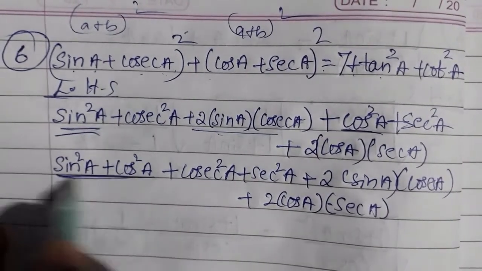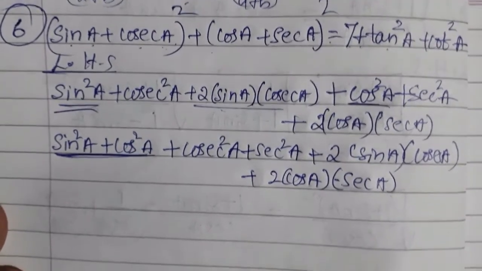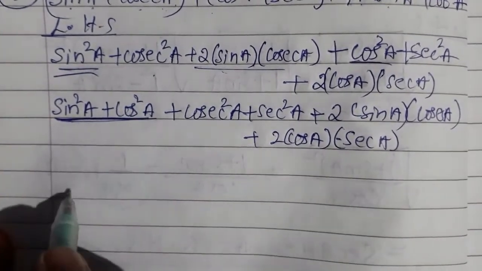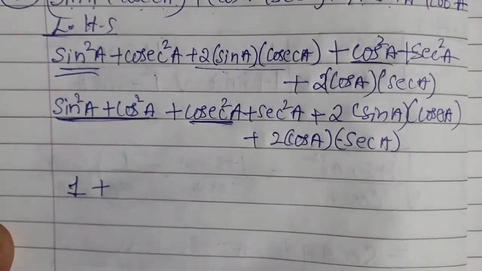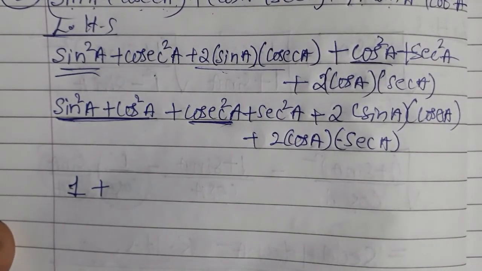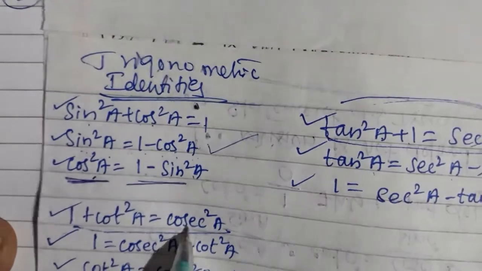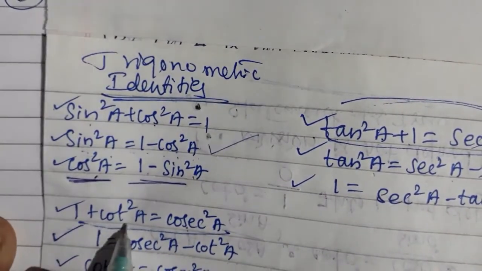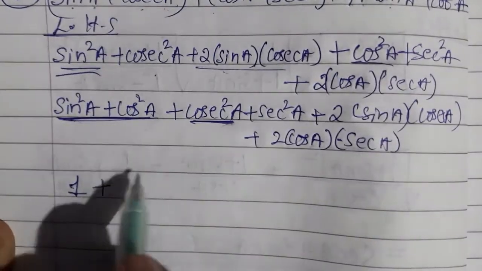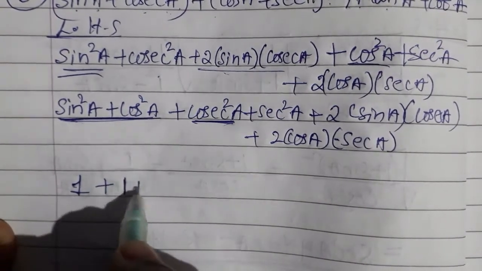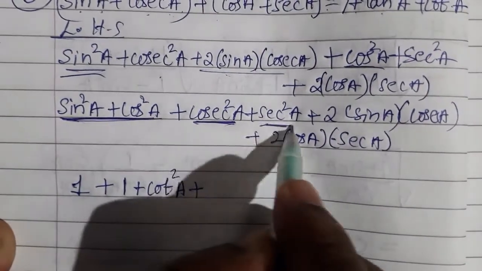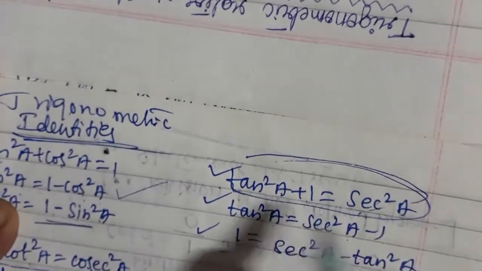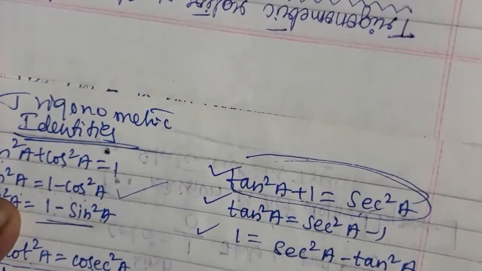Now what is this? Sin² A plus cos² A is nothing but 1. Plus instead of cosec² A, I will use the identity. You can notice cosec² A is nothing but 1 plus cot² A. I will remove cosec² A and write 1 plus cot² A, plus instead of sec² A, we know sec² A is nothing but tan² A plus 1.